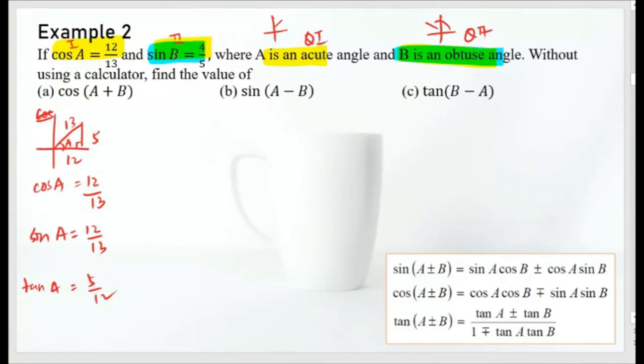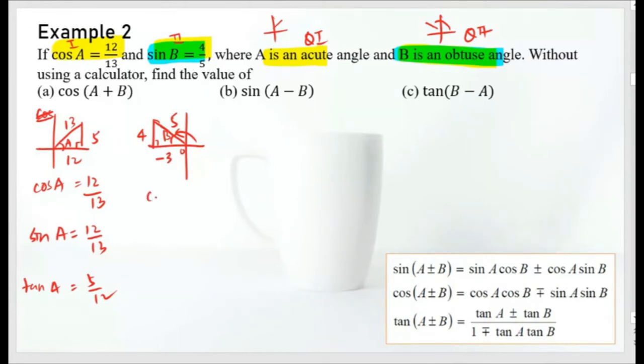And now we go to the second quadrant, sine B. Sine B at the second quadrant. So your B is here. Second quadrant, sine B is 4 over 5, sine is opposite over H, 4 over 5. So here is 3. Not 3, but negative 3, because it is on the left-hand side of the 0. So it's negative 3.